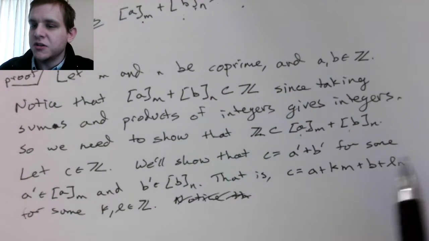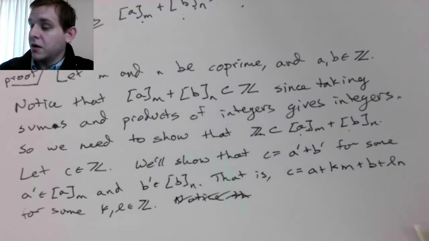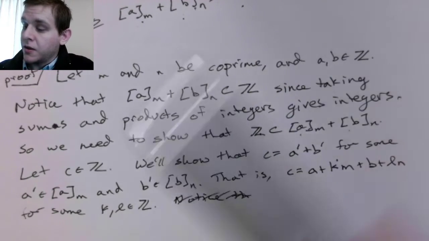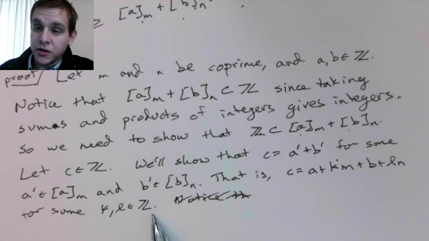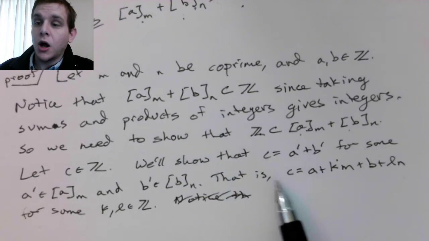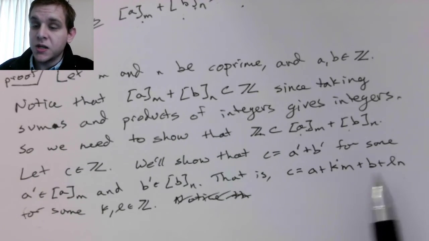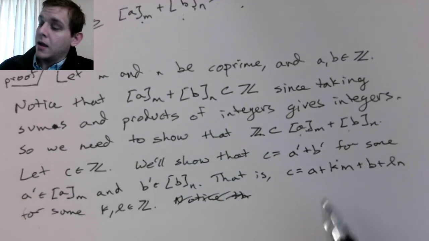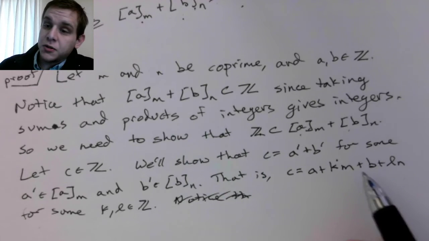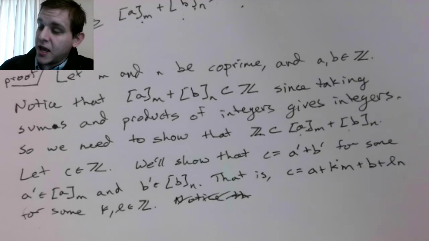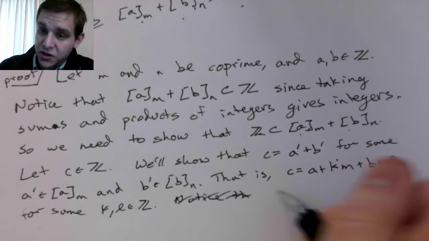So I can't change any of those. The variables that I'm allowed to pick are k and l. For some k and l, these are the things I'm looking for to solve this equation. So I have an equation in lots of variables, but all of them are fixed except 2. So I need to be able to solve for these 2. And so it's natural to take all of my fixed variables to one side and just leave km and ln on the other side. So let's do that.